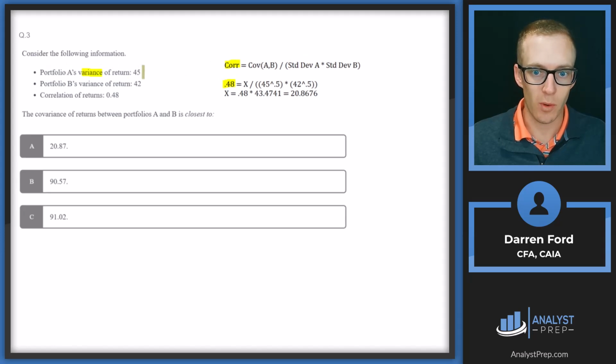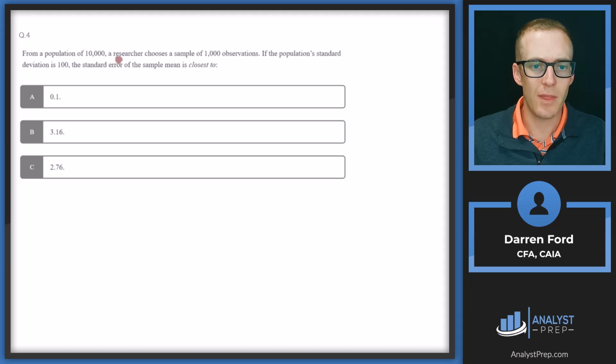So in order to transform that, we're going to take the square root of the variance to transform that into standard deviation. So when we work that through, these get multiplied together and then they're going to get moved over to this side. So we're going to have X equals 0.48 times 43.4741, which was the product of these 2 together. And we do that, we get 20.8676, which if we round that, that'll be closest to answer A.